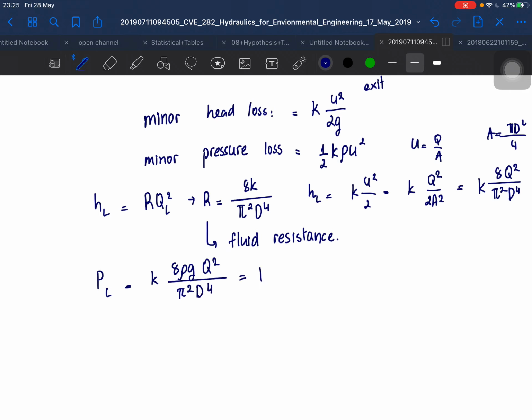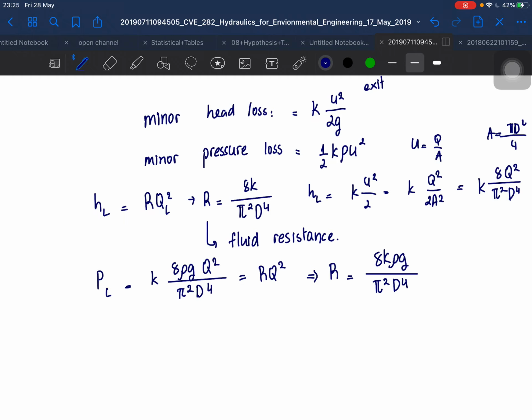And then we can write it as R Q squared. Then this R is equal to 8K rho G over pi squared D to the fourth. You can see that there's the difference, right? But don't worry. We can separate it as the head loss and the pressure loss.